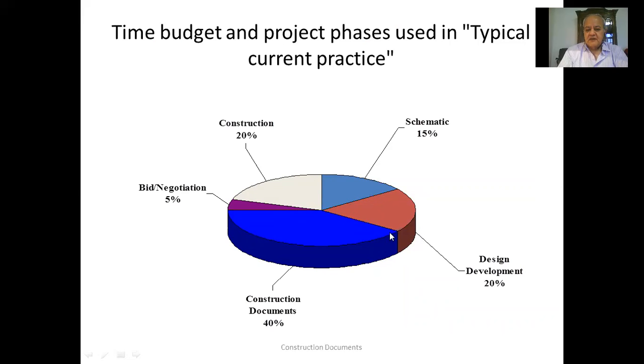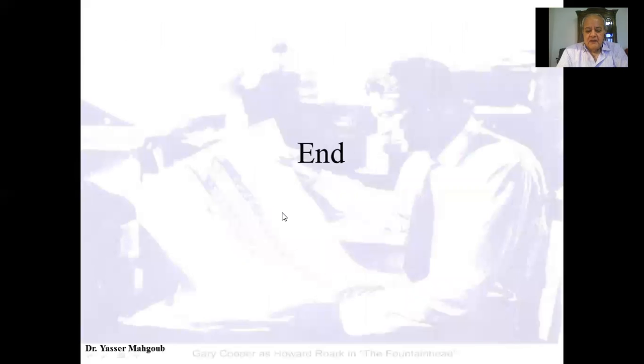The design, if we are lucky, creates 25% of the revenue. That's why offices are more concerned about the construction documents and the bidding and construction phase, because this is where they get most of their money from.